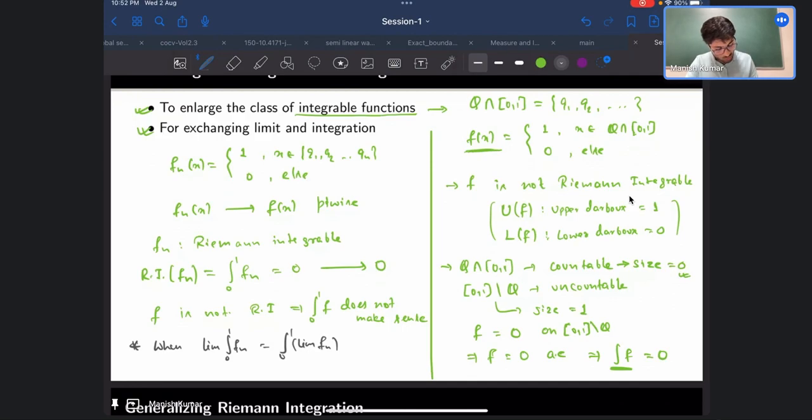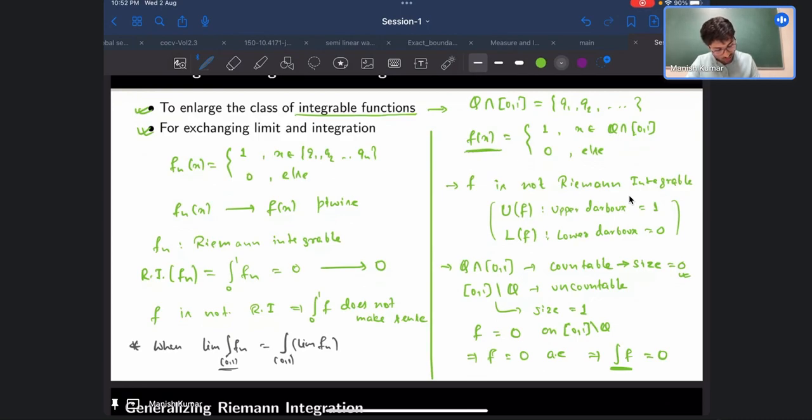In this case we cannot do so if we talk about Riemann integration. By this integral I mean some integration. I want to make sure when this limit can be interchanged, that is the whole point. We can see with Riemann integration we cannot do so.